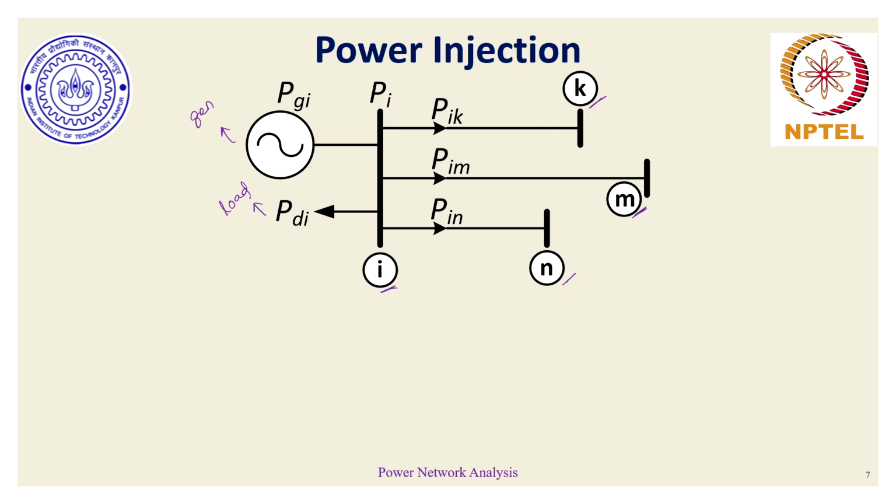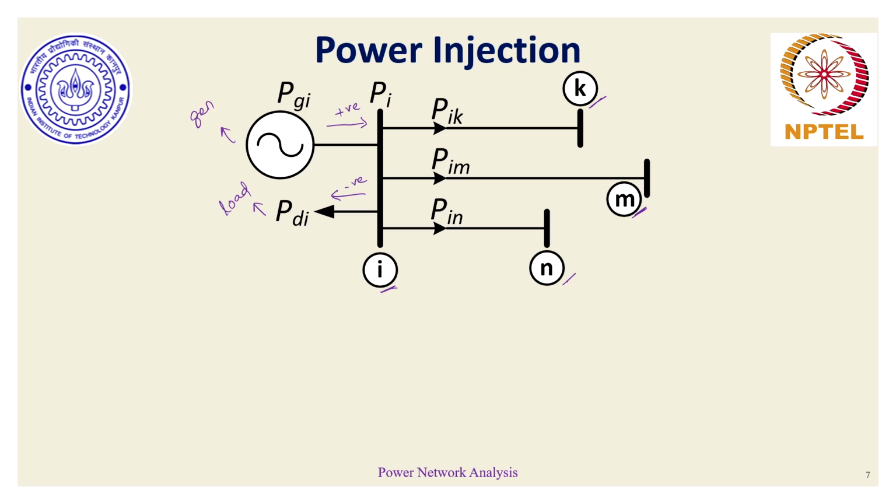Remember, our generator injections are considered to be positive because the generator is feeding power into the network from the source end, whereas a load injection is considered as negative because it is consuming power from the network into itself. So because of the change in notation or sign of currents, the way they deliver and absorb power, the corresponding injections are respectively positive and negative for generator and load.